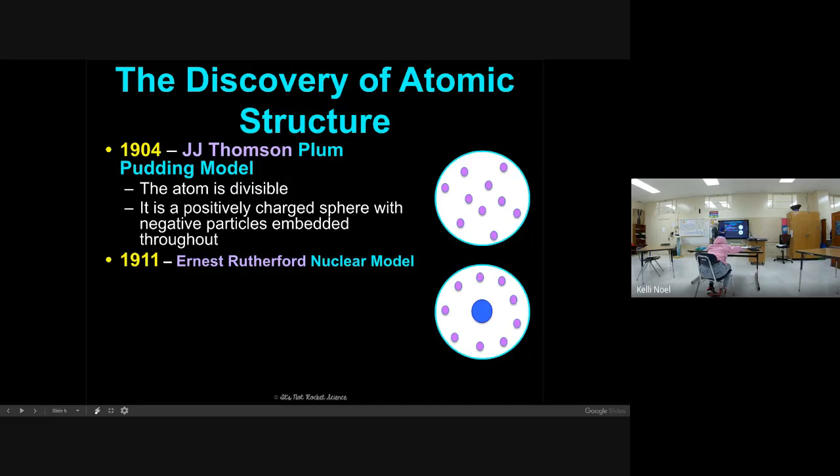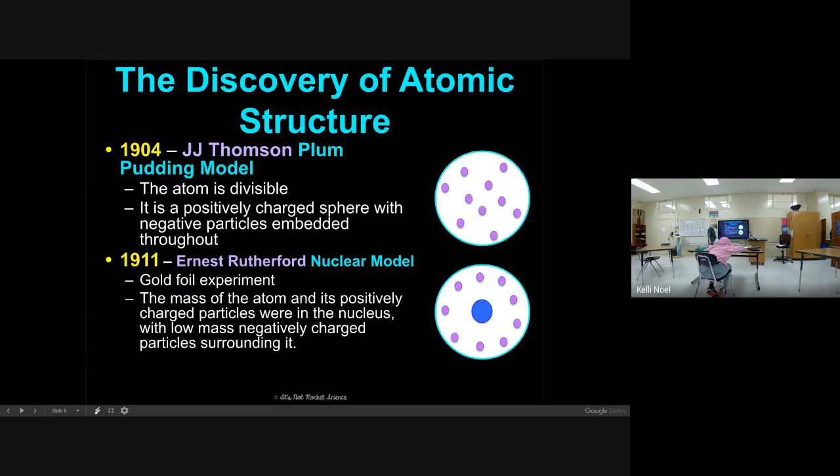Then, about 7 years later, Ernest Rutherford does an experiment with gold foil. He shoots some, I think it's beams of electrons, at gold foil, and he determines that the mass of the atom and its positively charged particles are in the center, or in a nucleus, with low mass negative particles around it.